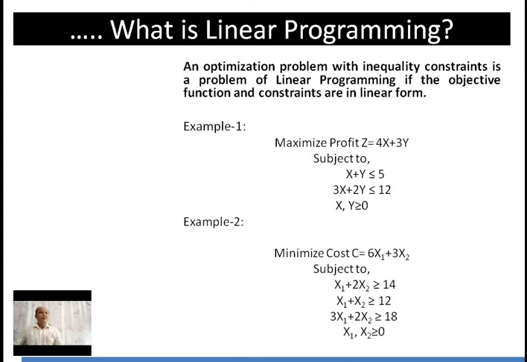So this minimization problem has three inequality constraints, and x1, x2 greater than or equal to 0. Usually in a maximization problem, the constraint is always less than or equal to something, and for a minimization problem, the constraint is always written as greater than or equal to something. So these are examples of linear programming problems.